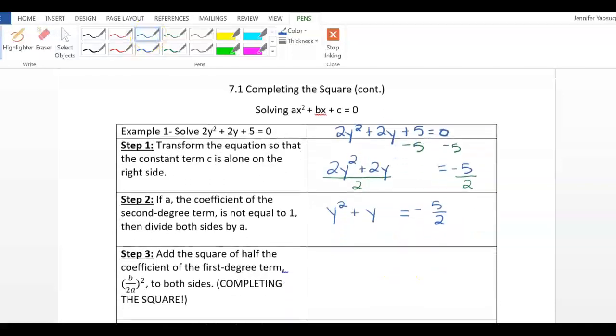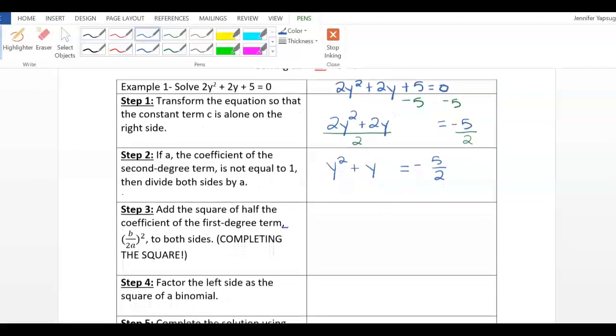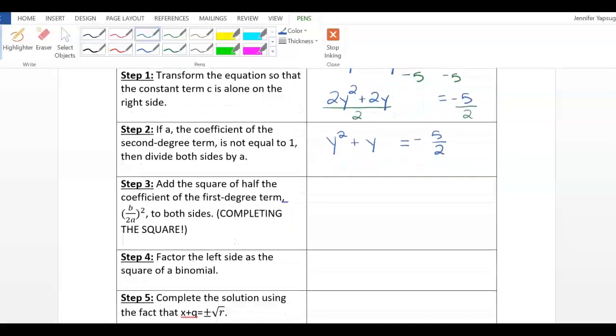Okay, so we're just going to continue following the same steps that we did from yesterday. So we are going to add the square of half of the coefficient of the first term, which is b over 2a, squared, to both sides. So that's going to mean that we're going to add 1 over 2 times 1.